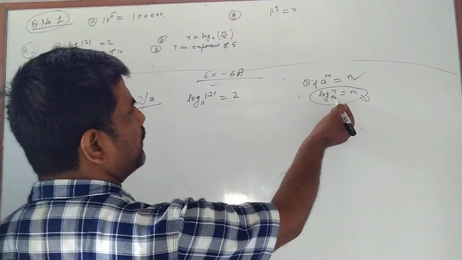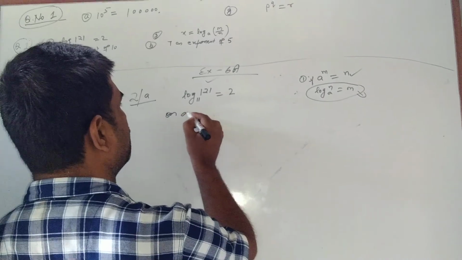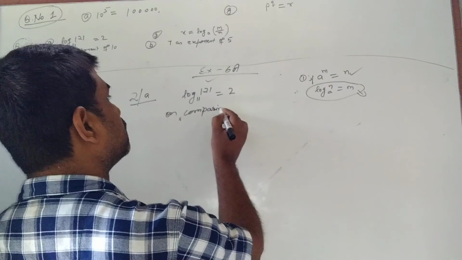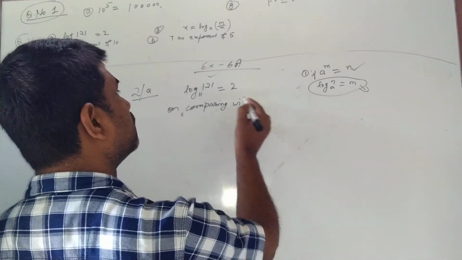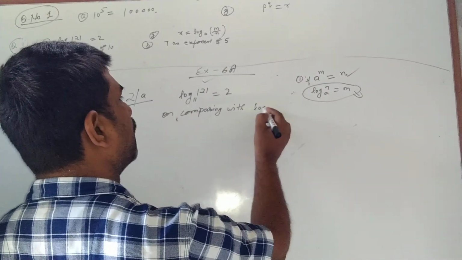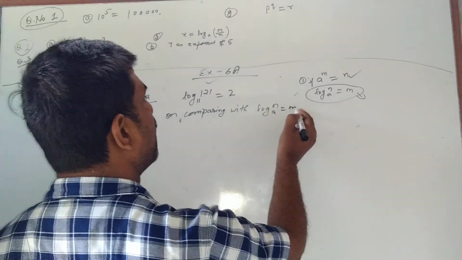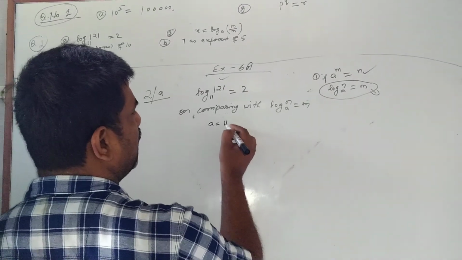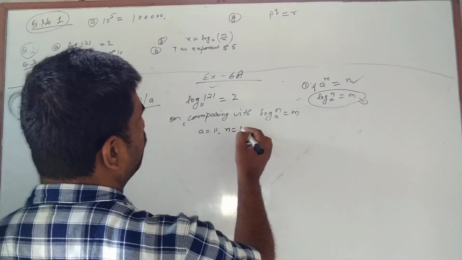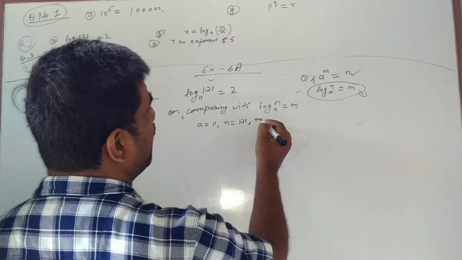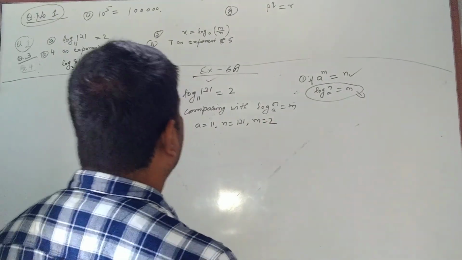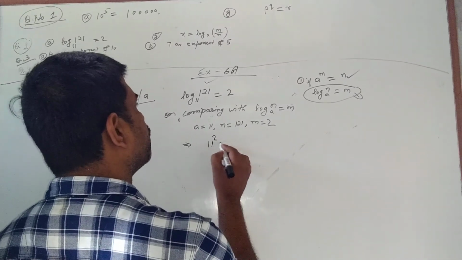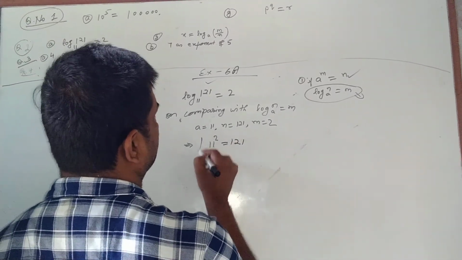On comparing with log n base a equals m, we get a equals 11, n equals 121, and m equals 2. So from here we can write 11 to the power 2 equals 121. That will be our answer.